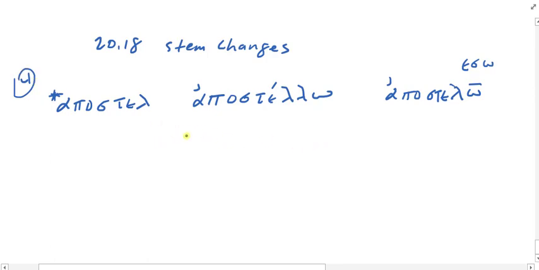Now look at ballo. Okay, so ballo, present, future, balo. Okay, what's the real root? Ball. Okay, so same thing, right? The future stem is identical to the real root. The present stem has modified the real root in a predictable way. This is pattern 4.